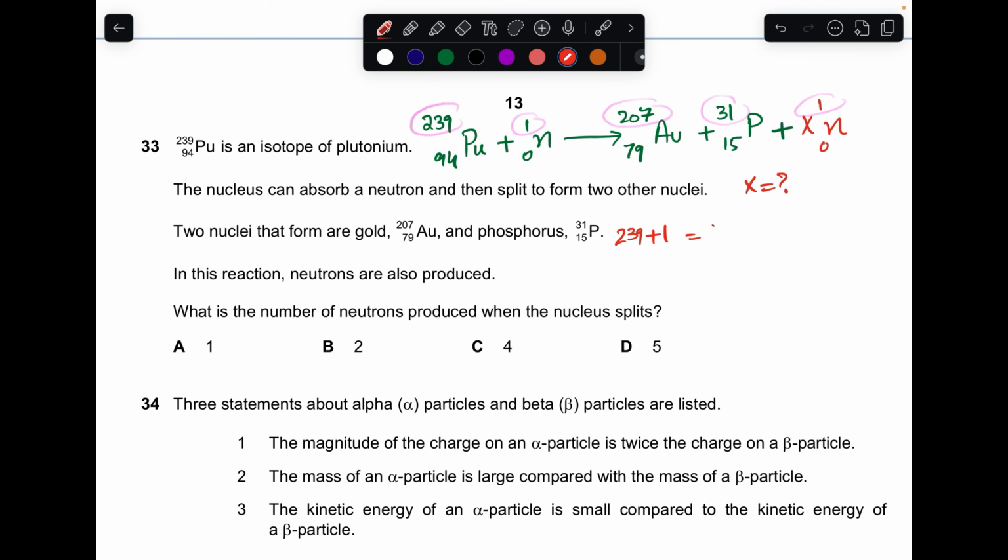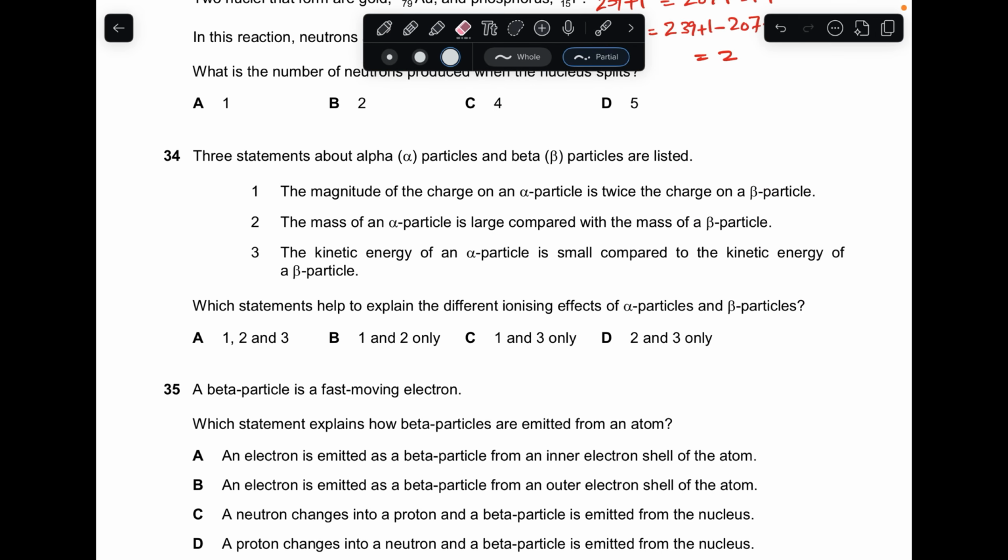It should be equal to the right hand side, 207 plus 31 plus, if there are x neutrons, then the mass will be x times 1. So x will be equal to 239 plus 1 minus 207 minus 31. This will give me 2. So x is 2.